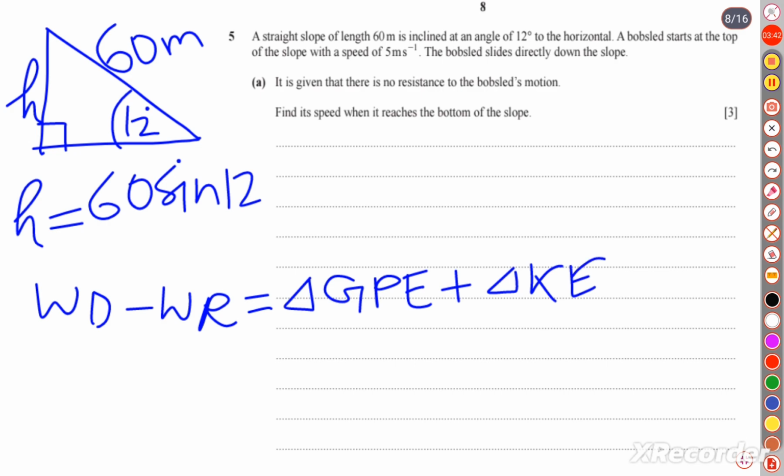Now what is our driving force in this case? It is a very important part of the solution to be remembered. The work energy equation accounts only for external forces acting on the system. Remember, there is no external force acting on this bobsled. It is written that the bobsled slides directly down the slope, so it slides itself.